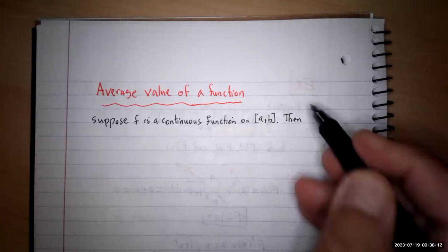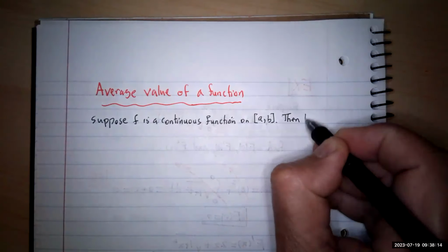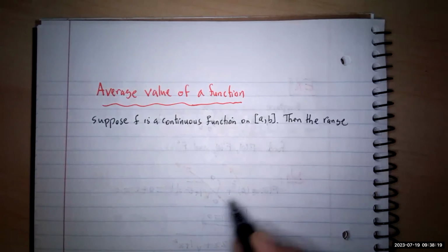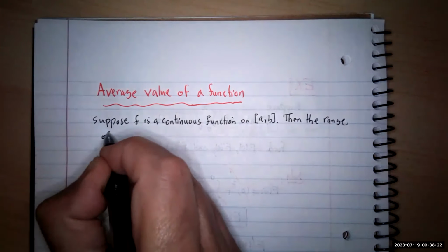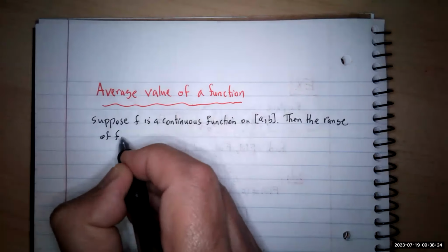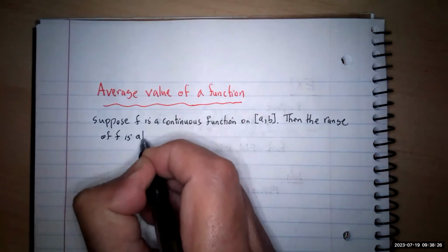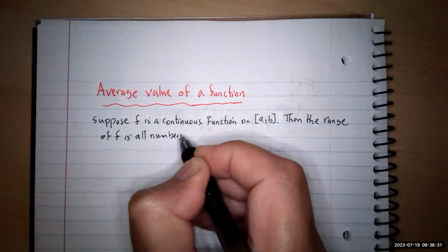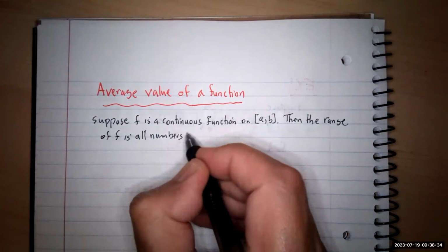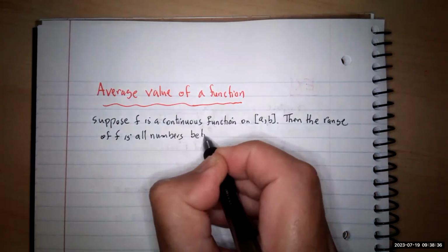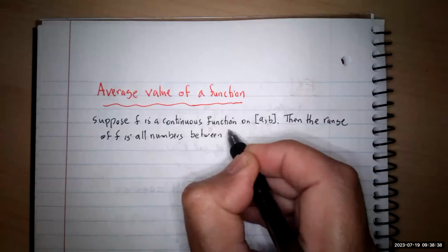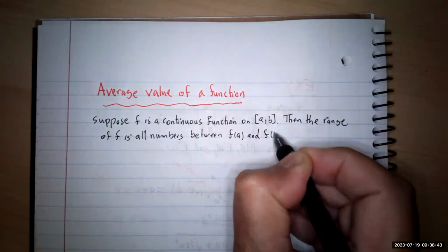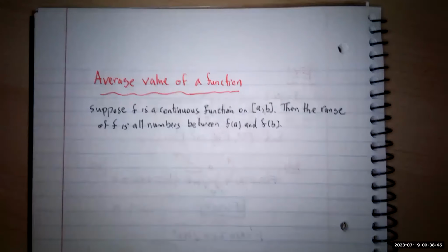So the range of a function f is going to be all numbers between f of a and f of b. That's how you find the range of the function.